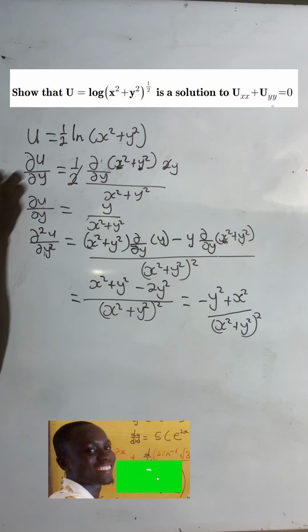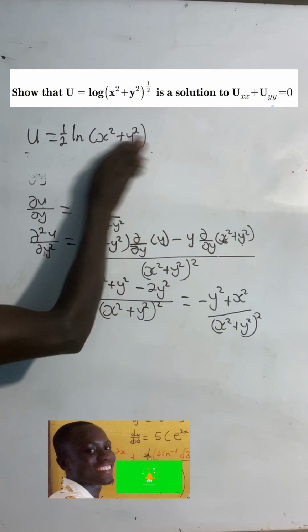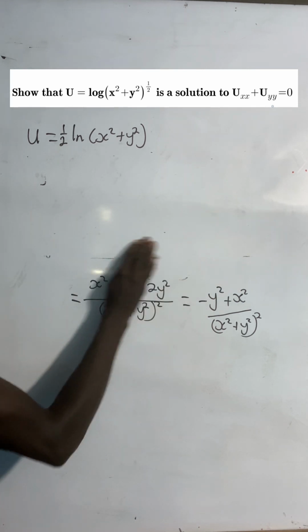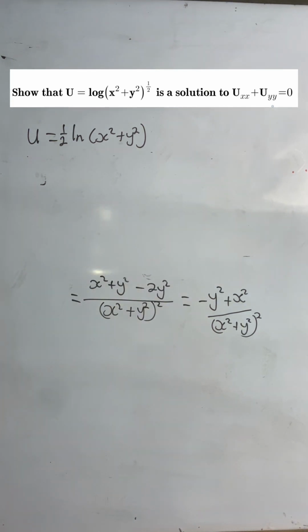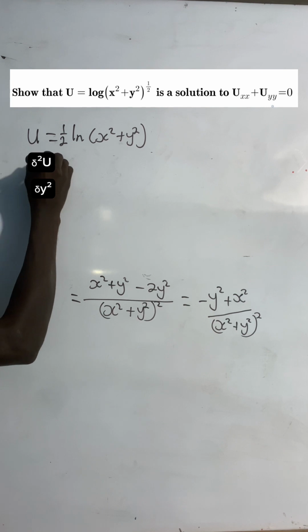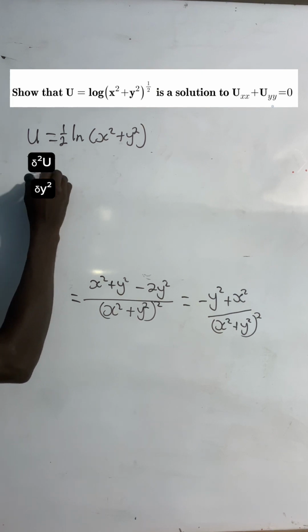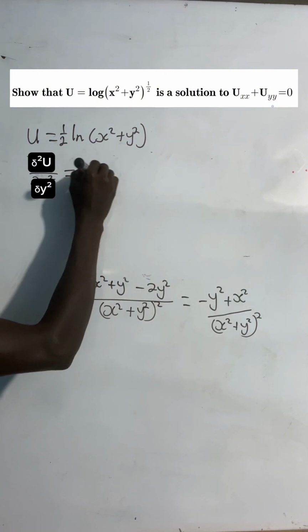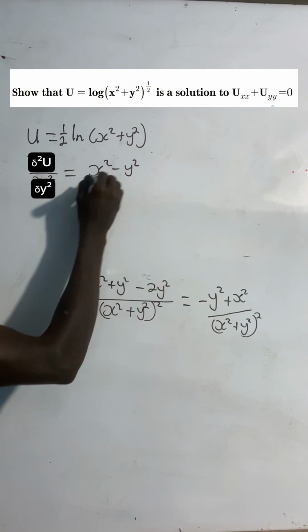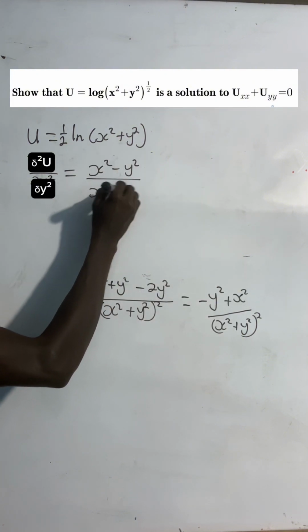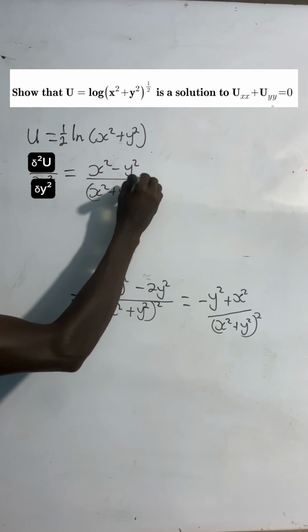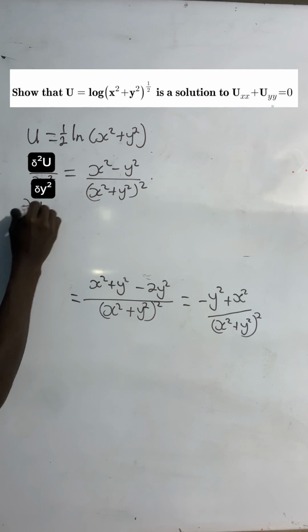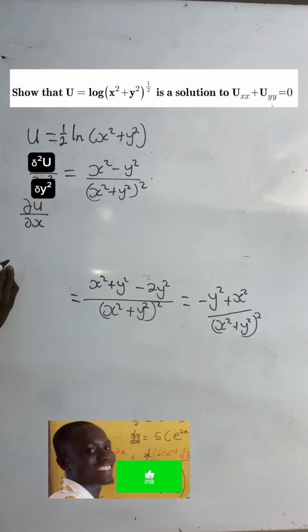Now, let us write this down. Now, what we are going to have is very simple. We have del squared u on del y squared equals x squared minus y squared divided by x squared plus y squared all squared.